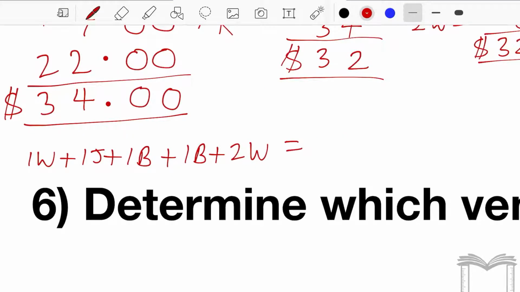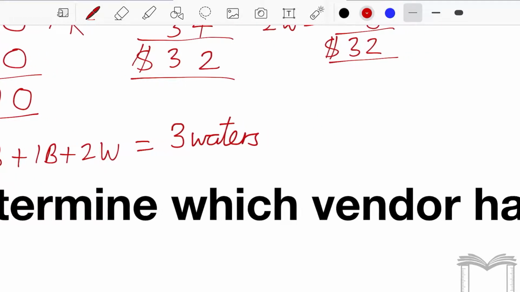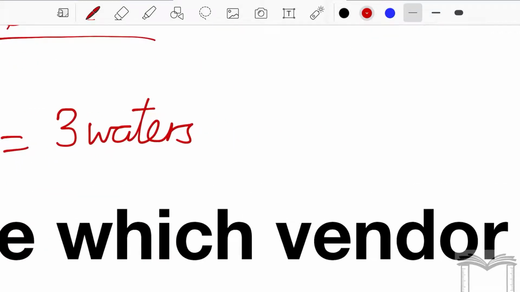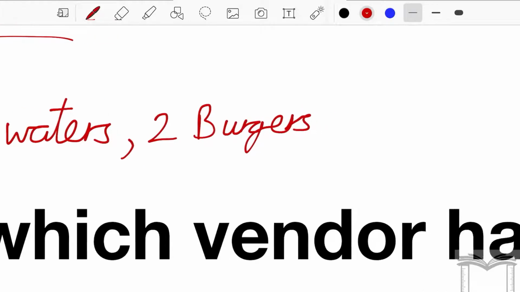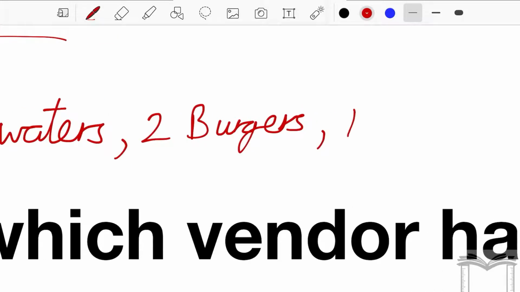So that will give us a total of 3 waters, 2 burgers, and 1 juice.